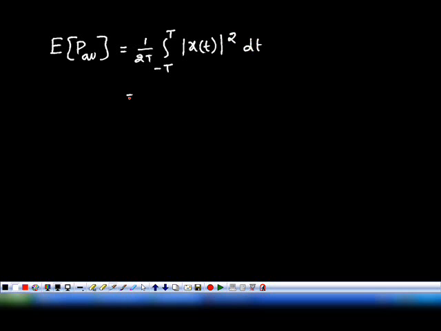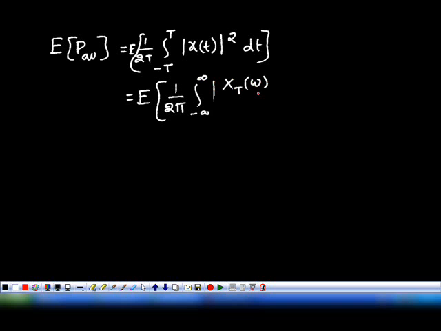And this is also equivalent to expectation of 1 by 2 pi integral minus infinity to plus infinity, mod X_T of omega whole square divided by 2T. Is it?